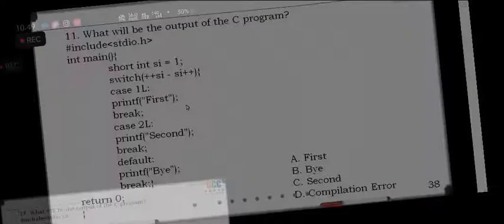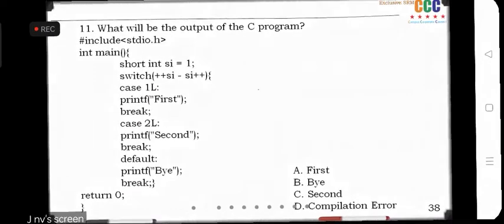Sir, actually the L denotes long, like case long. And in the expression, after evaluating, we get switch of 0. So 0 is not defined in the case, so we go to default and print by. Okay, excellent. Okay, the other people, why are we getting a compilation error?